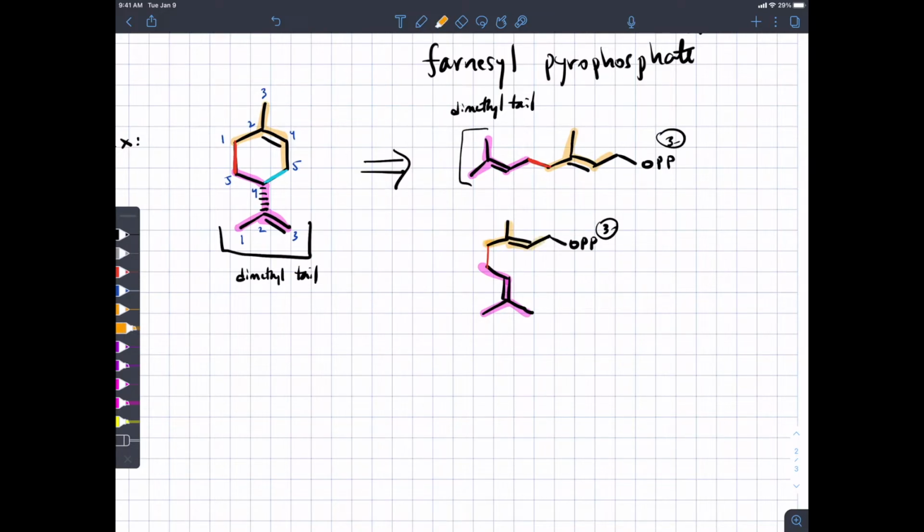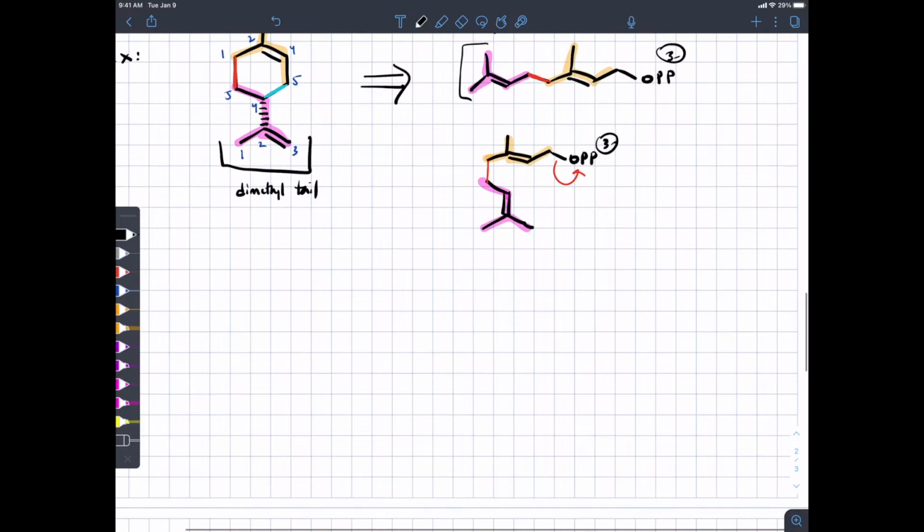Okay, now we've got kind of a problem because at this stage we could have the leaving group leave, and that's fine. It needs to leave for us to do this chemistry, but the resulting carbocation, that resulting positive charge, is not in the right place.